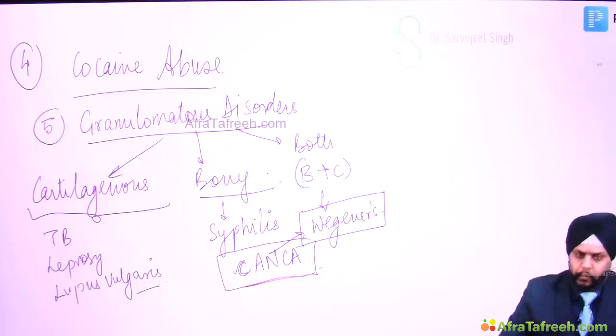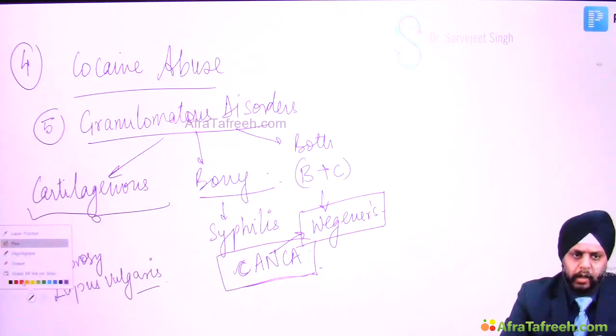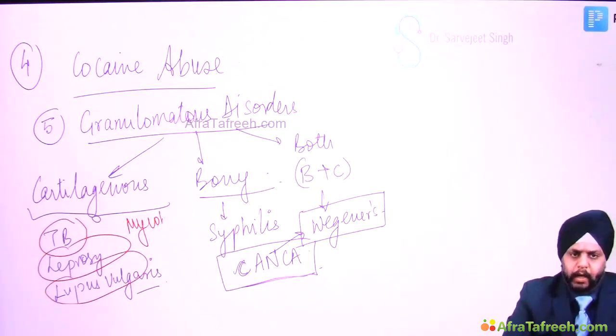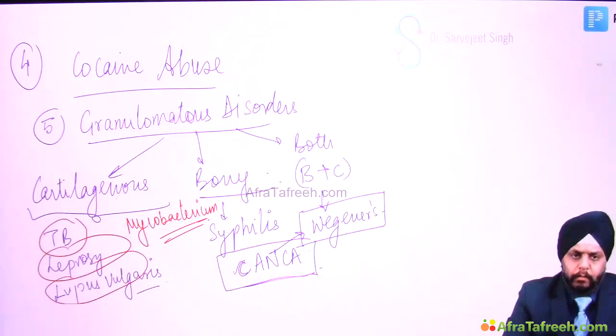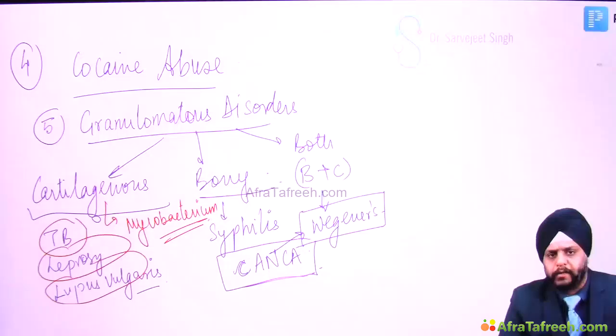Before we go ahead, just remember that tuberculosis, leprosy, and lupus, the cartilaginous perforation group, are all caused by Mycobacterium. So it's easy to remember now: the group causing cartilaginous perforation is Mycobacterium, right? Bony is caused by syphilis.